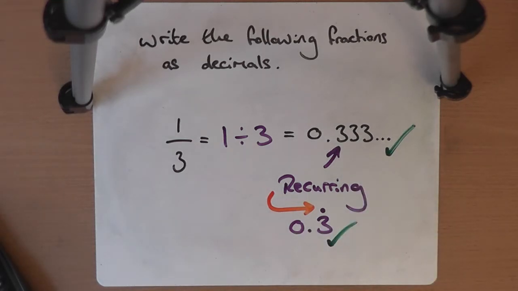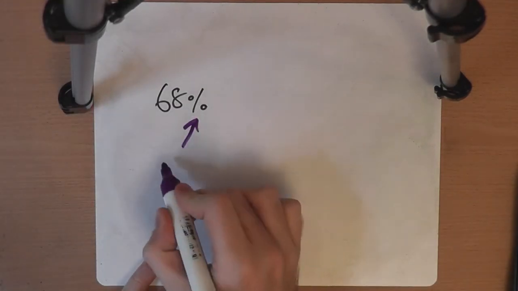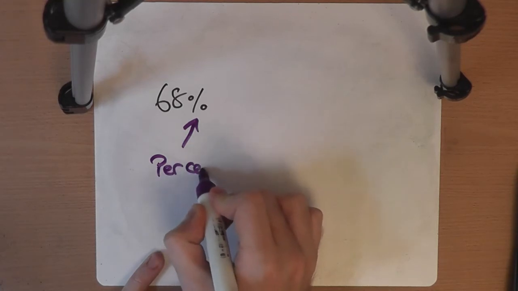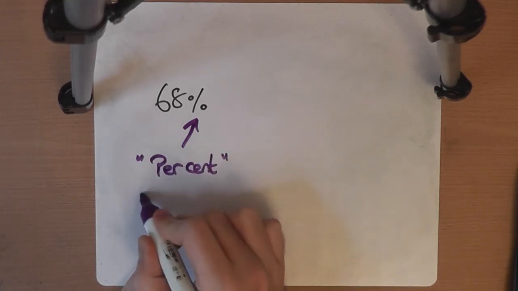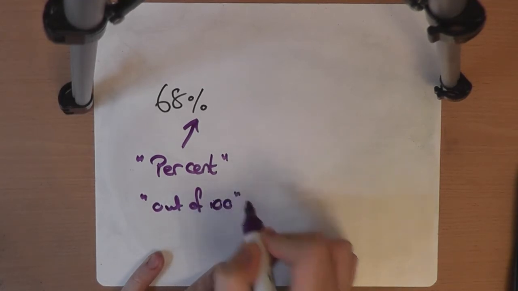Let's have a little bit of a look at percentages now for this next one. 68%. Well, if we go back to the definition of what that means, percent, remember, percent means out of 100.